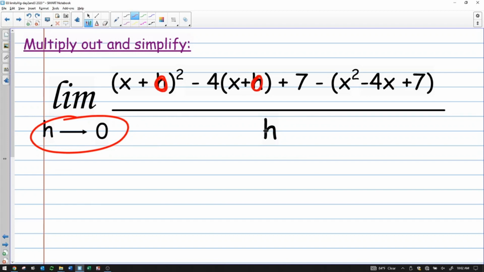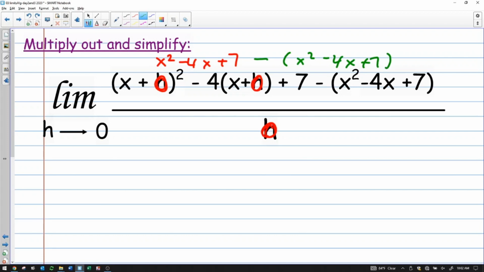If you do that, what you get is x squared minus 4x plus 7 minus x squared minus 4x plus 7, and you have a 0 on the bottom. So do you see you get 0 over 0? This is specially concocted to get 0 over 0. So don't worry, that's so ugly. But this is going to be eventually what we learn. It's the definition of a derivative.